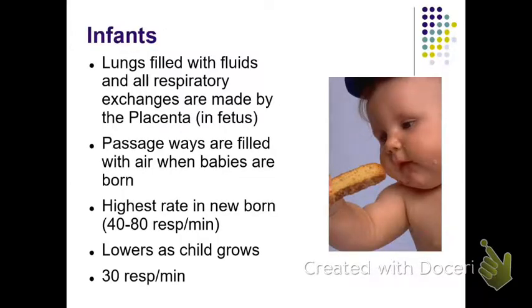So in infants, the lungs are filled with fluids and all respiratory exchanges are made via the placenta in the fetus. If you remember from today's lesson with Miss Jiro, we talked about this fluid called surfactant.